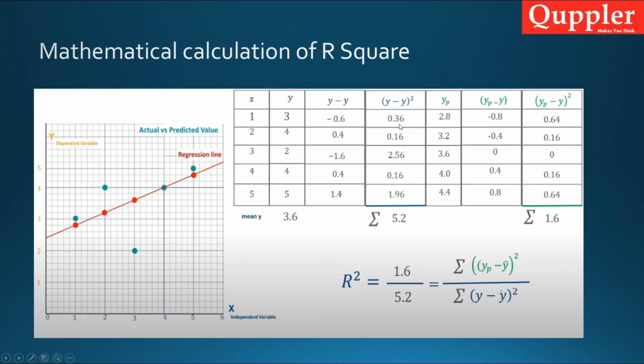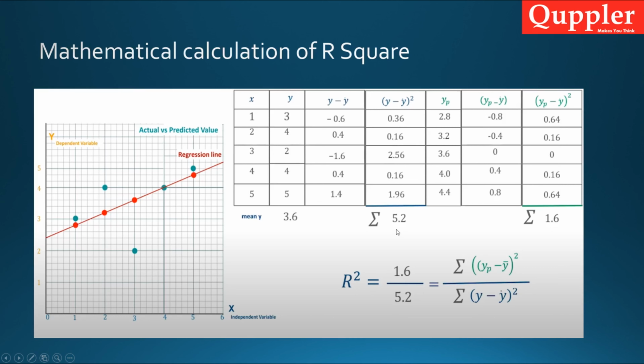We add 0.36 plus 2.56 plus 0.16 plus 2.56 plus 0.16 plus 1.96, that is 5.2. Now we have got the value of actual value minus mean value.